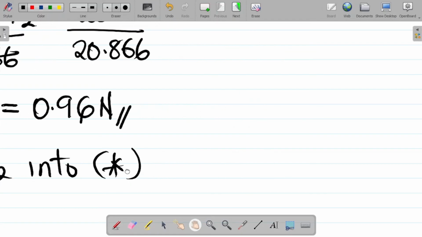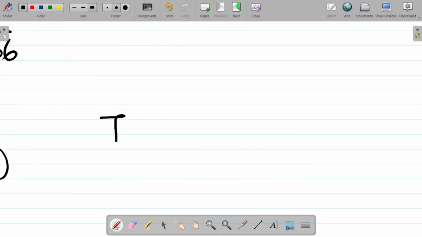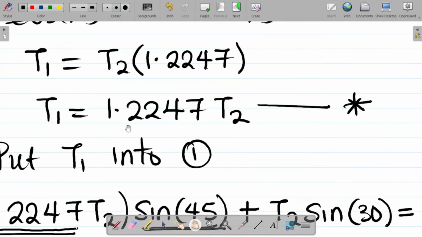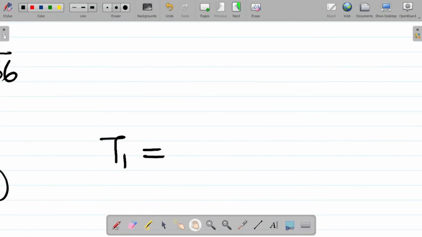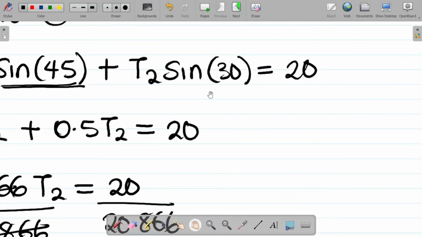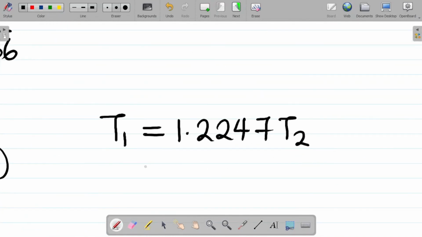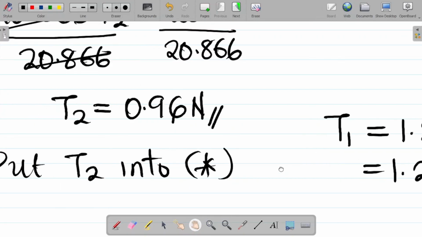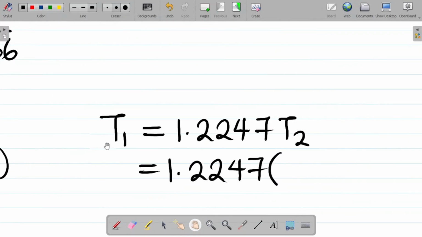In equation asterisk, T1 is equal to 1.2247 T2. So this is equal to 1.2247 into T2, where T2 is simply the value we just found.